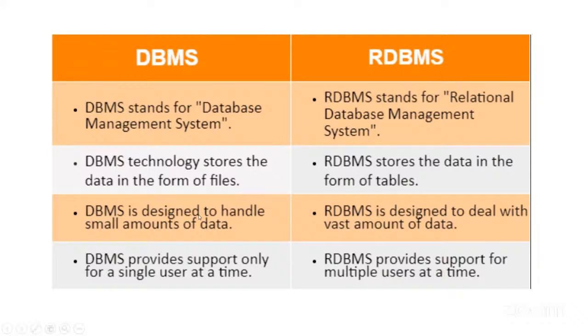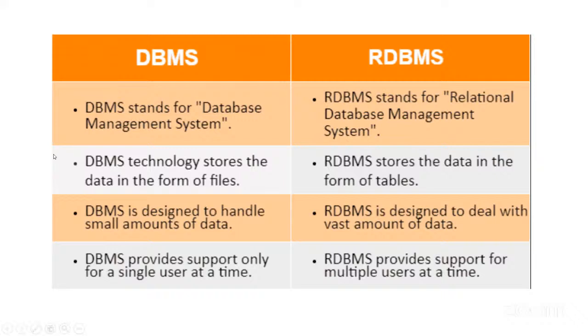DBMS is used by only a single user, but RDBMS can be used by multiple users. DBMS can handle a small amount of data, while a relational database management system handles a very vast amount of data.